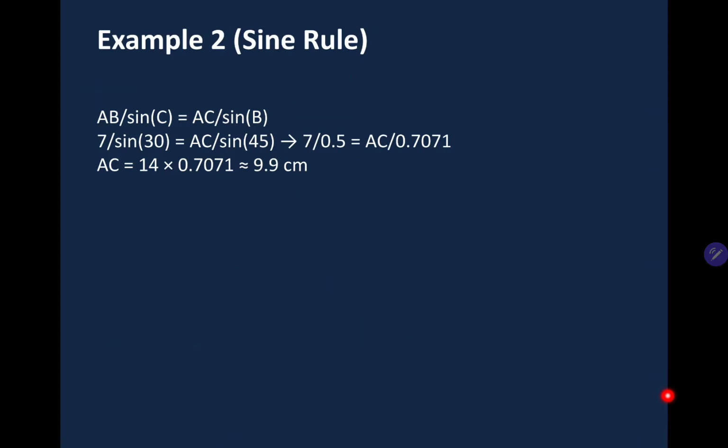We take another example on the sine rule. Let's say we have a triangle A, B, C as usual, and we have a side of 49 and the opposite angle of 6.3. Okay, then let's say we have one more angle.